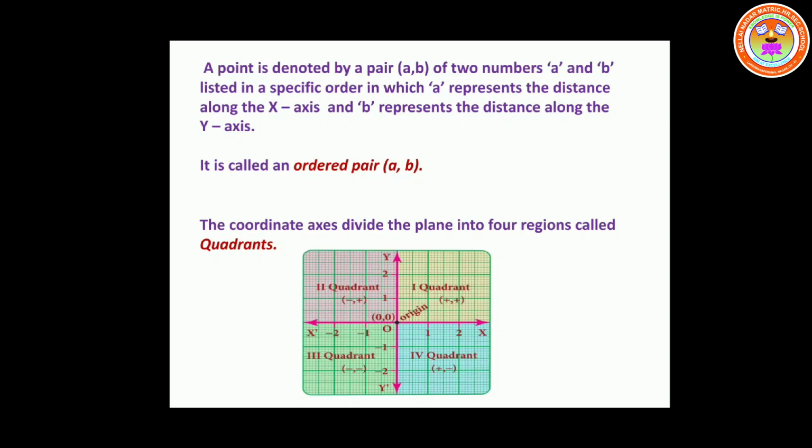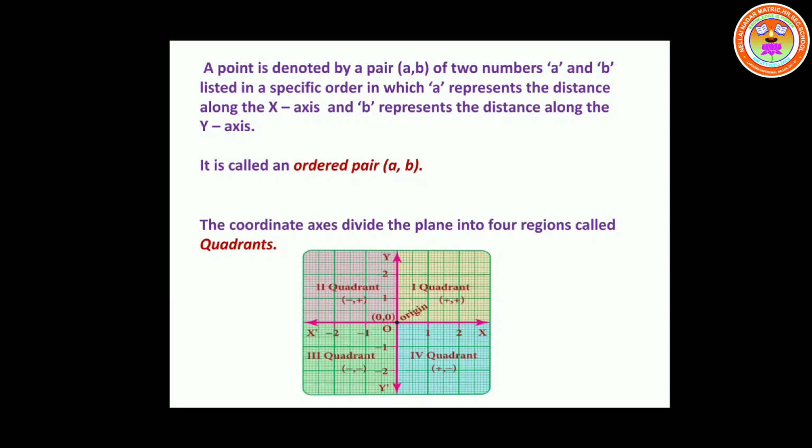So I am going to denote a point as (a, b), where a is the distance along the x-axis and b is the distance along the y-axis. Now this point (a, b) is called the ordered pair. Now moving on, the coordinate axes. What are the coordinate axes? The x-axis and the y-axis.